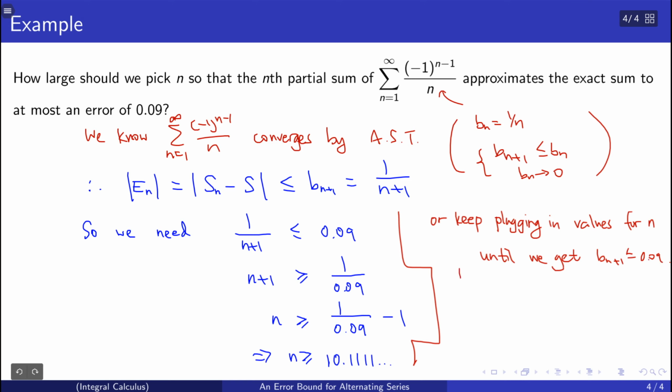And so here you can do like 1 over 1, okay, that's 1. 1 over 2 is 0.5, 1 over 3, and so on. And then 1 over 10 is 0.1, not quite enough, but 1 over 11, okay, so what's 1 over 11? 0.09, 09 repeated.